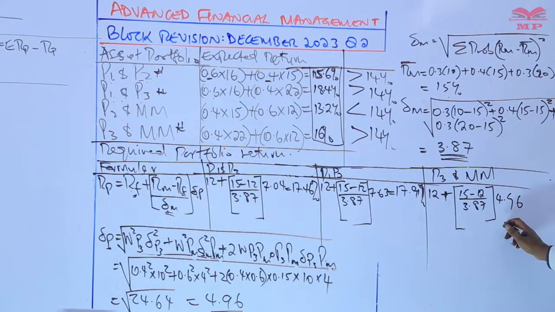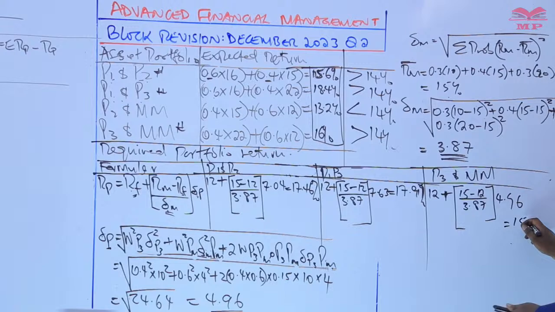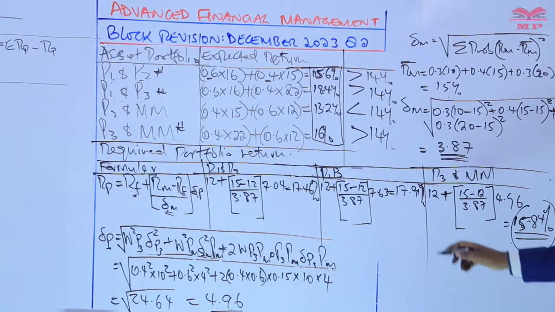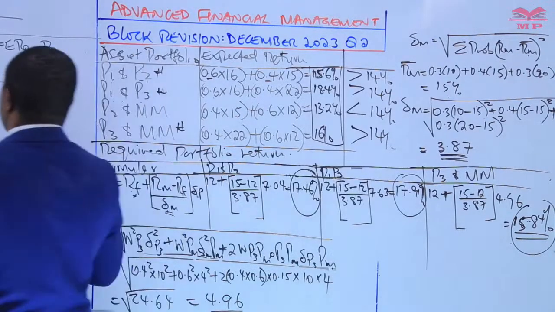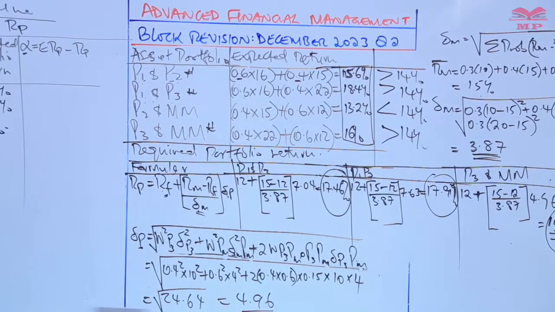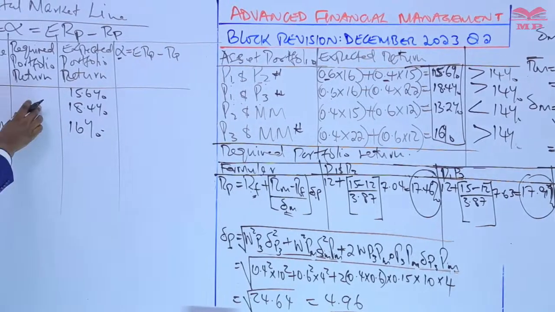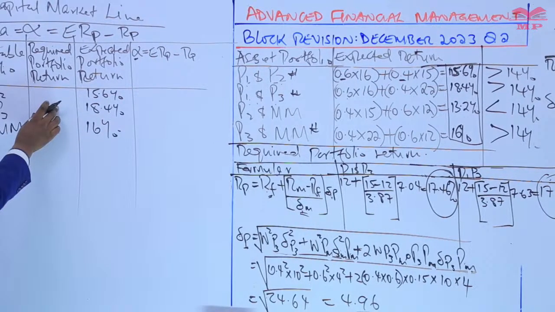So the answer here is 15.84%. So these are the values. This value, this value, and this value are the values that are required here. Those are the required portfolio returns for the 3 portfolios.